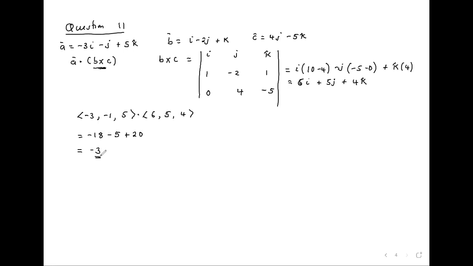And then question 12 is exactly the same as question 9. We are given points, which are called position vectors. So you find the direction vectors in between those position vectors, and then use them to find the volume.